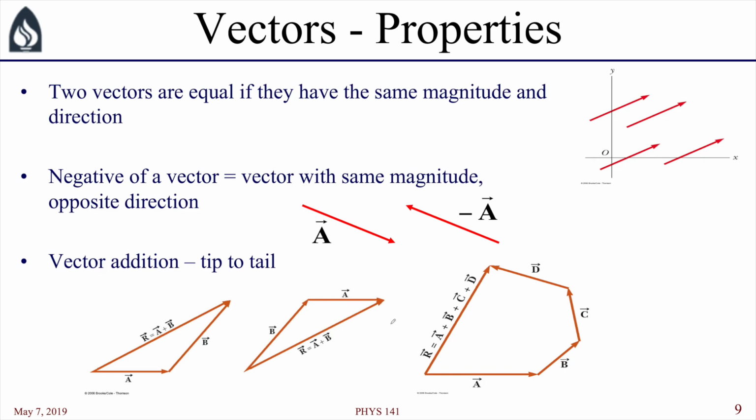So let's say we had 4 different vectors, A, B, C, and D. You can see the approach to adding them is that for each vector we take its tail and put it on the tip of the previous vector and continue along until we've added all the vectors together, and then the resultant goes from the tail of the first to the tip of the last vector.